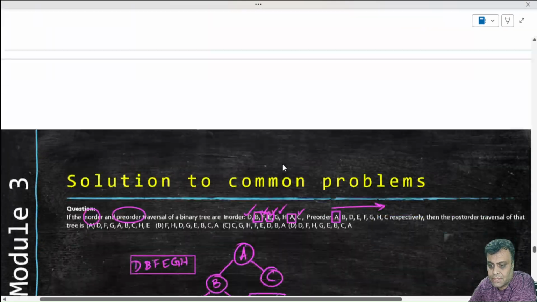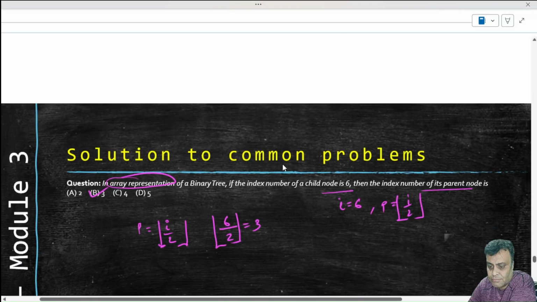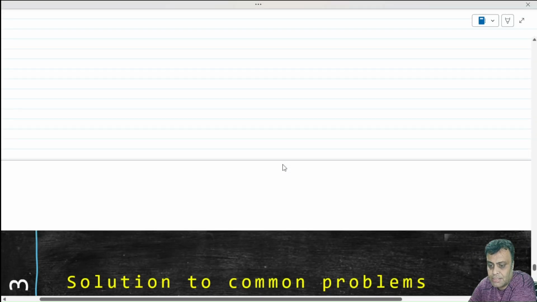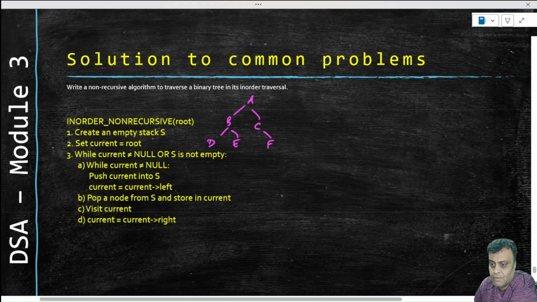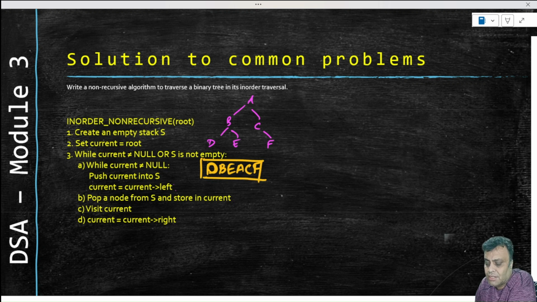So if I just keep that aside, that is D, B, E, A, C, F. We know that the answer would be D, B, E, A, C, F. This is going to be the answer. Now let us see if we can use a stack and actually create a non-recursive algorithm to answer this.